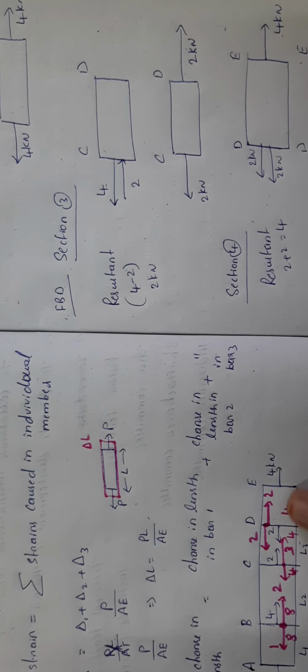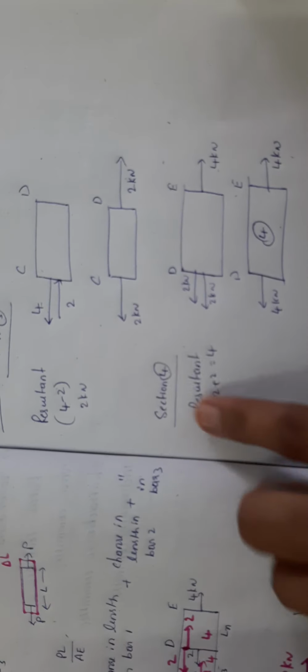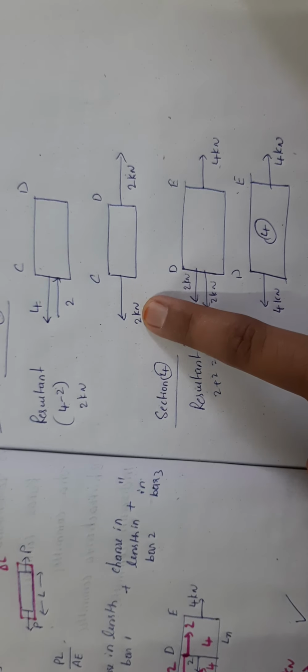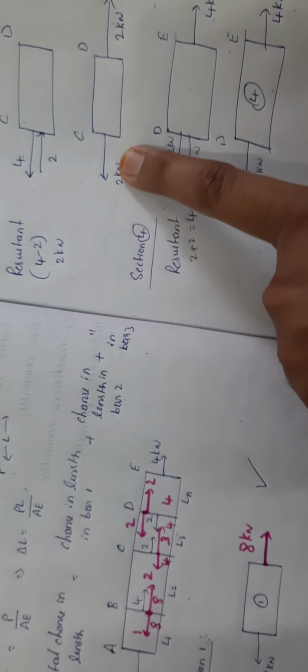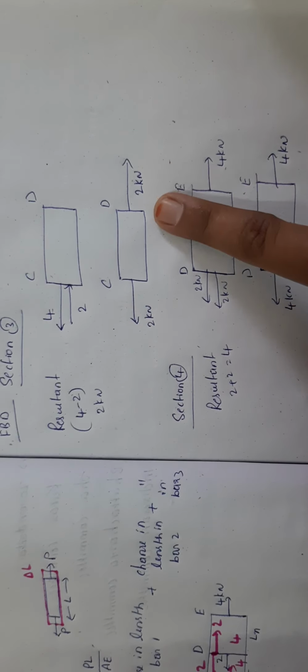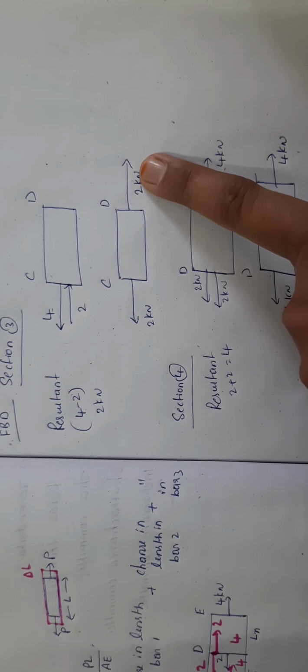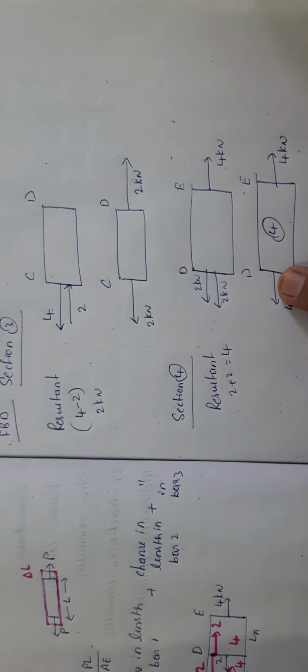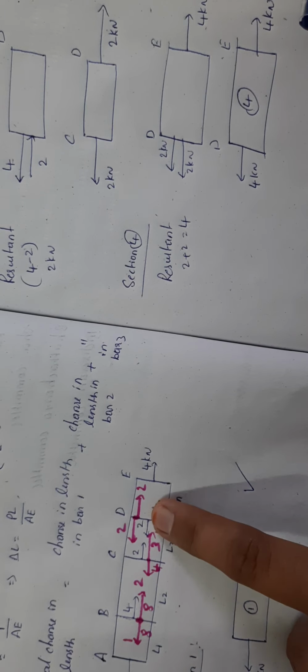Similarly, when you combine section 3 and section 4, here it is 2 kilonewtons this side, and at the D section it is 4, so 4 minus 2 will be 2, resultant 2 will be here.